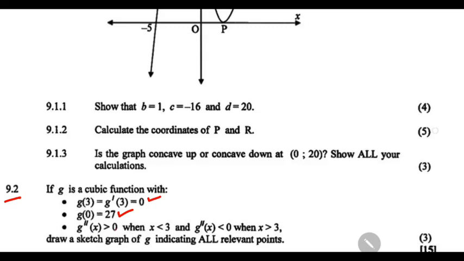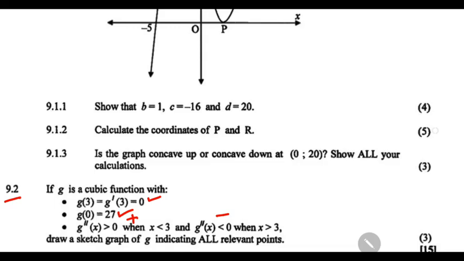So for x less than 3, the second derivative will be positive, and the second derivative will be negative for x greater than 3. And now you should draw a sketch graph of g including all relevant points. So we need to sketch this graph.